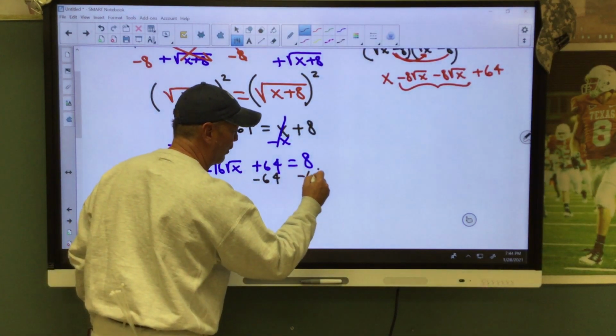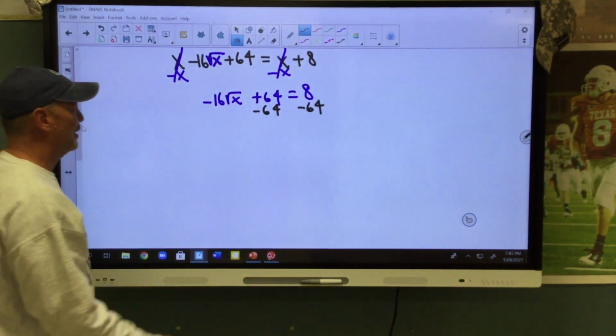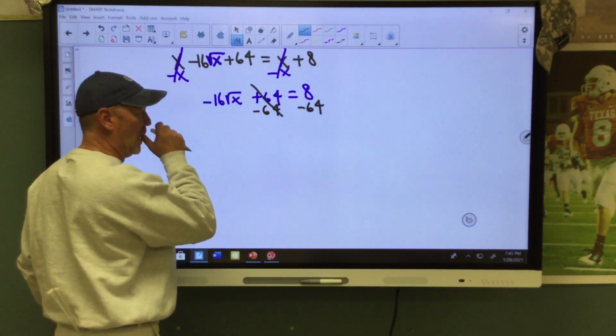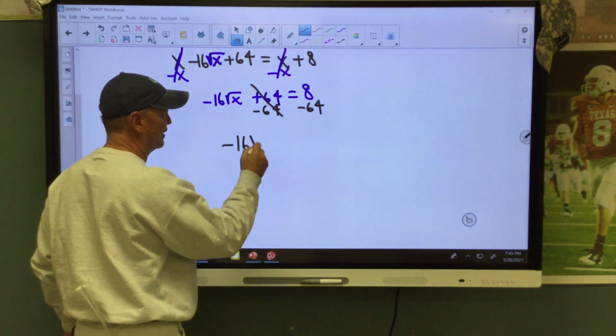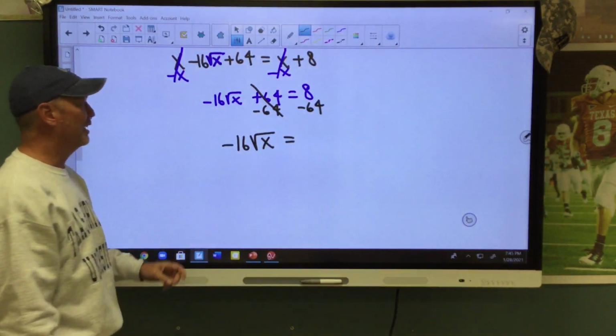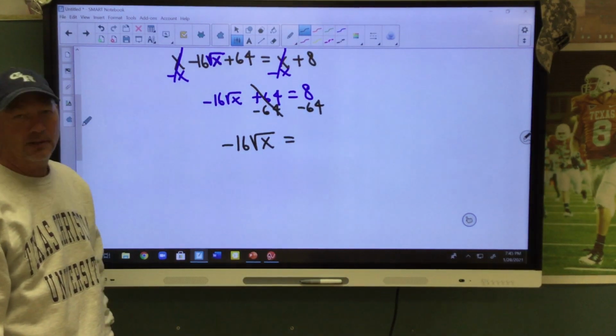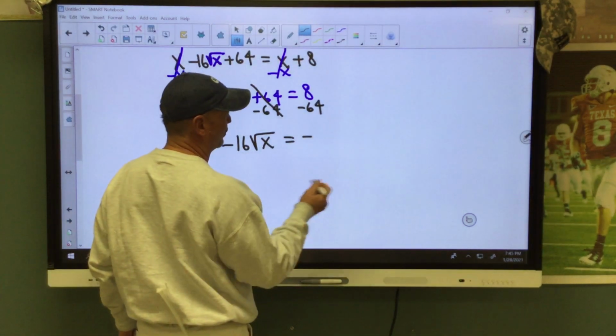Minus 64. So when we do this, let me move this so you can see better. This is going to cancel, okay? And that's going to give me negative 16 square roots of x equals negative 58. Excuse me, negative 56.